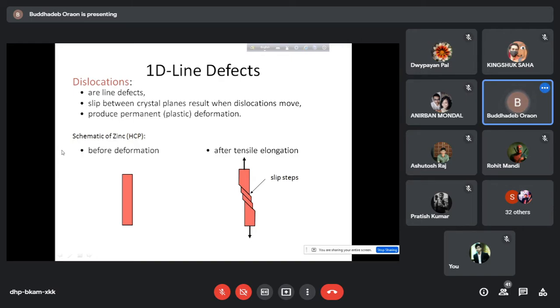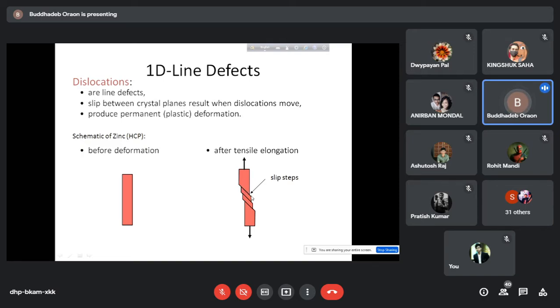Here is one schematic diagram. This diagram shows the condition before deformation, before application of any load. But when you apply some tensile load or tensile stress, there will be some slip line.